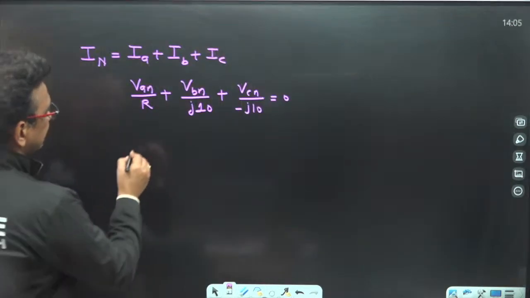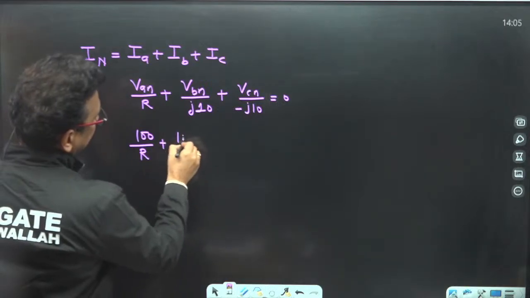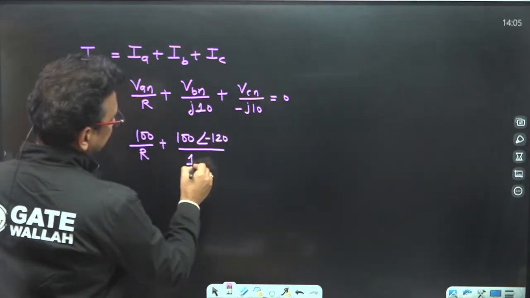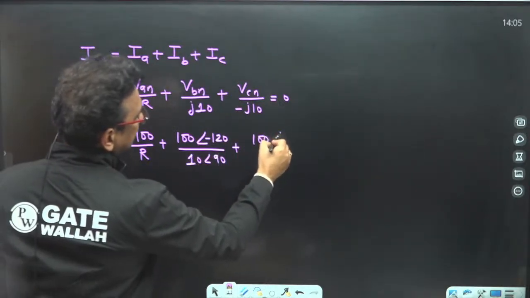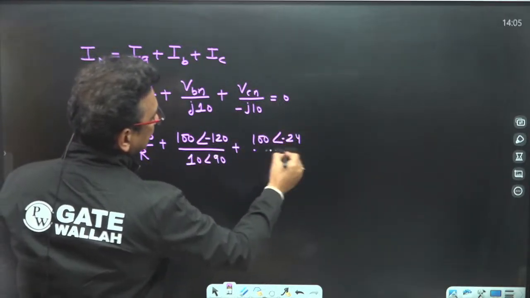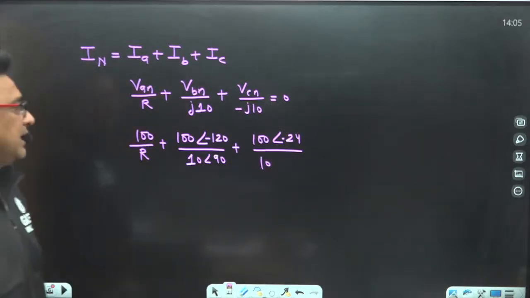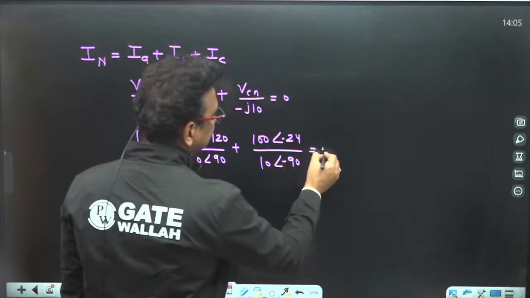VAN is 100 angle 0 degree, so 100 upon R. VBN is 100 angle minus 120 degree, and j means 10 angle 90 degree. VCN is 100 angle minus 240 degree, and minus j10: plus j is 1 angle 90 degree and minus j is 1 angle minus 90 degree. All are equal to 0.